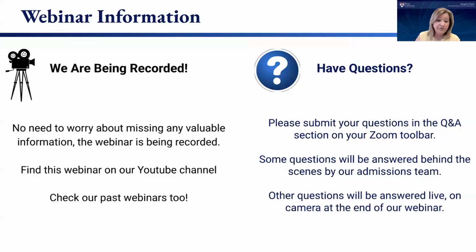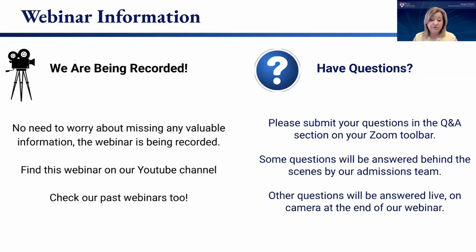Now for the webinar today, if you have questions, we definitely want you to ask. The way to do that is go to the Q&A section on the toolbar and type out your questions in the Q&A area. We have an entire admissions team behind the scenes.